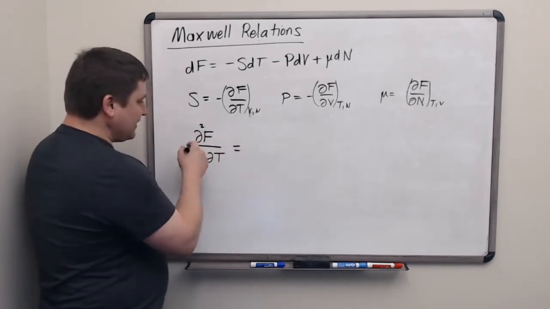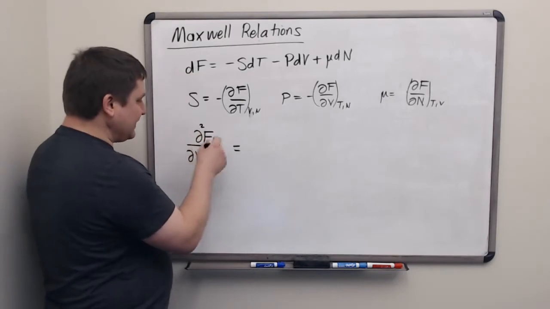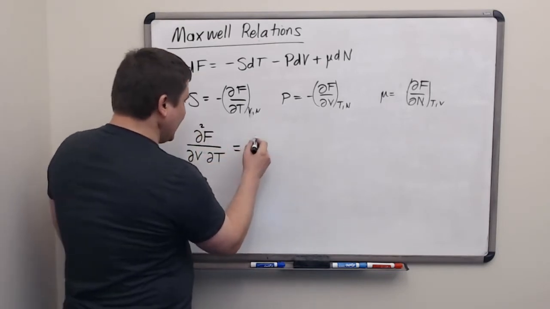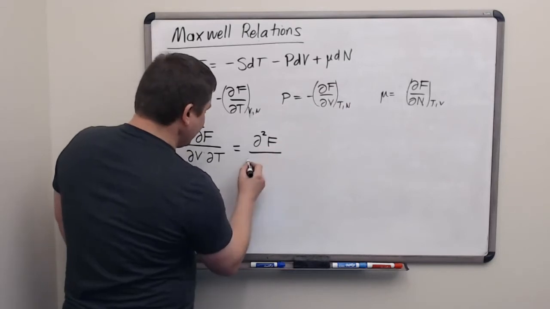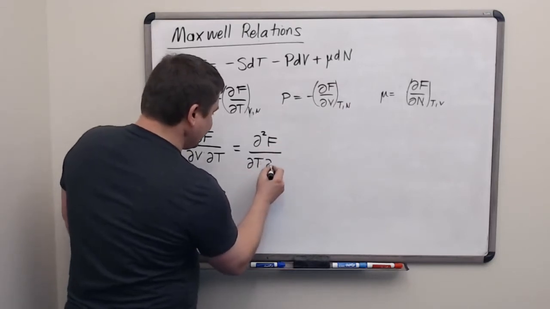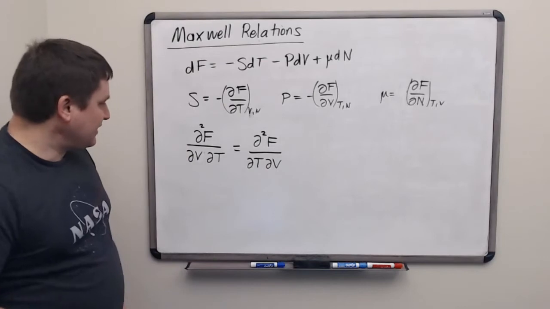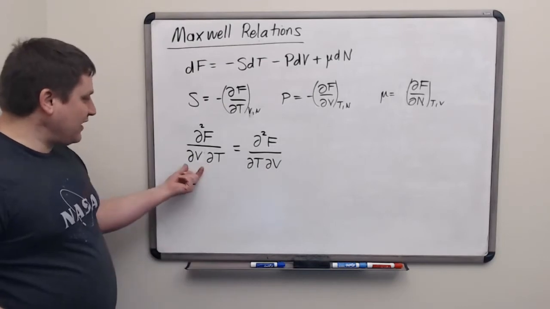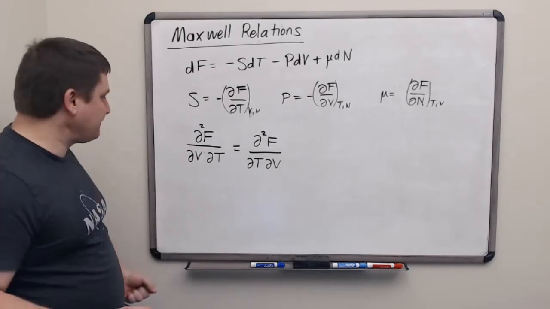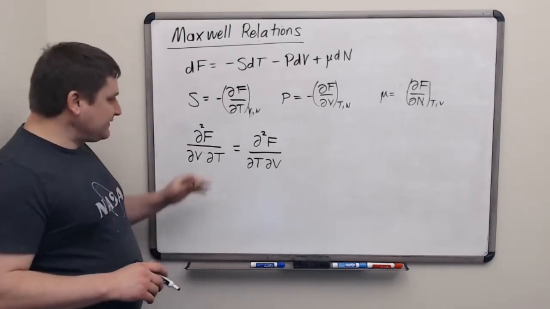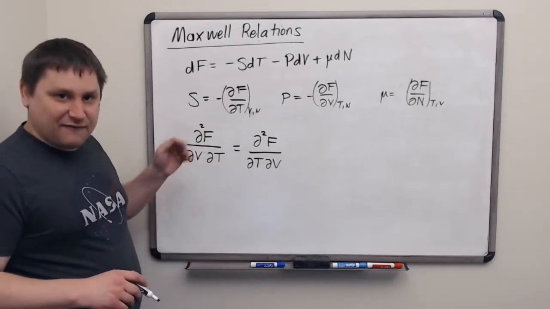Because F is an exact differential, and this is a legitimate function F underlying these derivatives, there is no difference in the order in which these derivatives are taken, right? Whether I do temperature first and then volume, or volume first and then temperature, does not matter. But these first derivatives here have meaning.